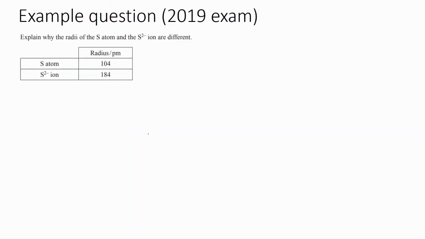Okay, here's an example exam question. The question asked: explain why the radii of the sulfur atom and the sulfide ion are different. They gave you this information: the atom was 104 picometers, that's really, really small, compared with the sulfide ion, which was 184. So the ion was bigger. It's going from the atom to the ion, a negative ion.